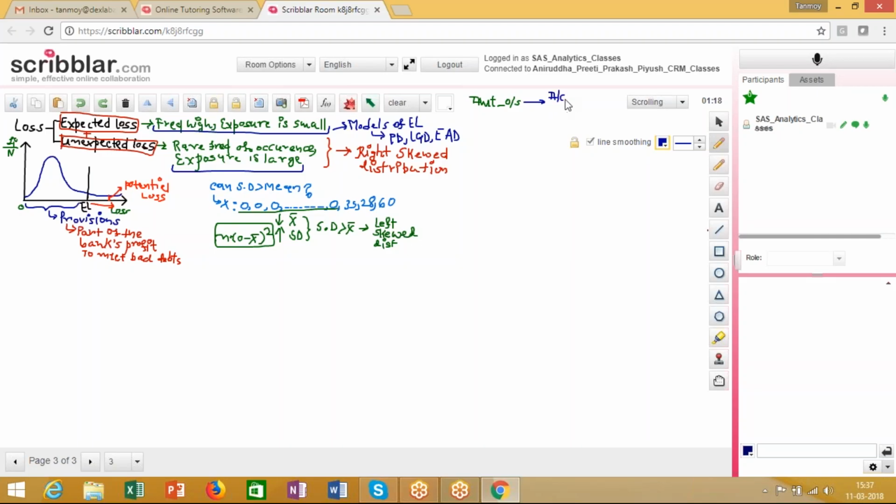Right. And what we saw was that for this variable, the standard deviation was greater than x bar.